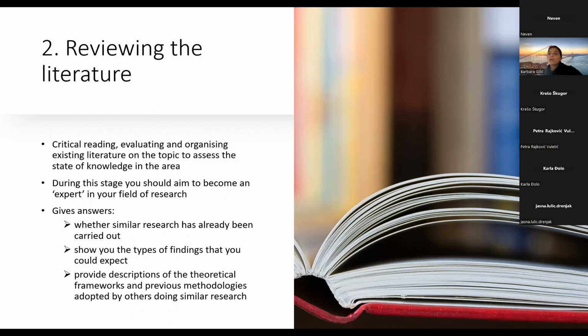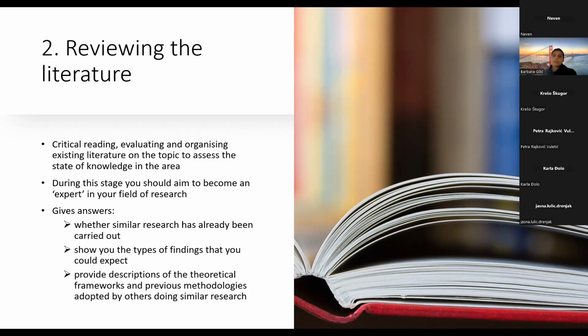And also reviewing the literature can provide descriptions of the theoretical frameworks and previous methodologies done by others doing similar research.